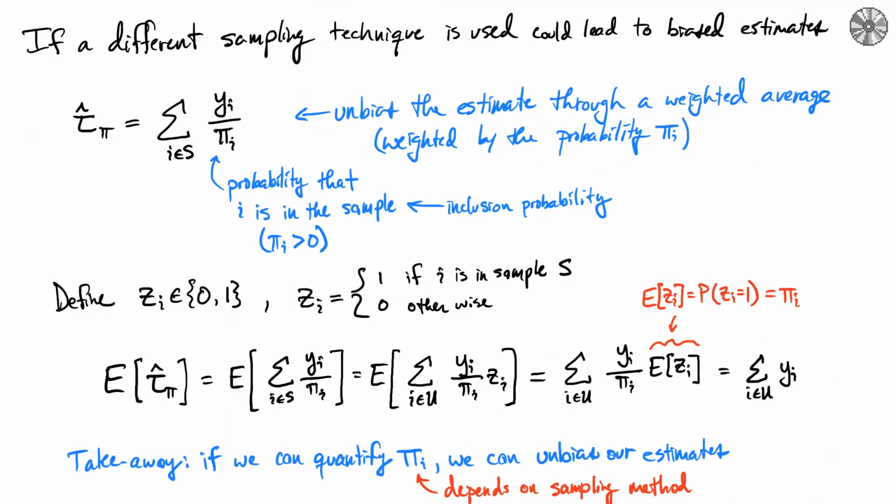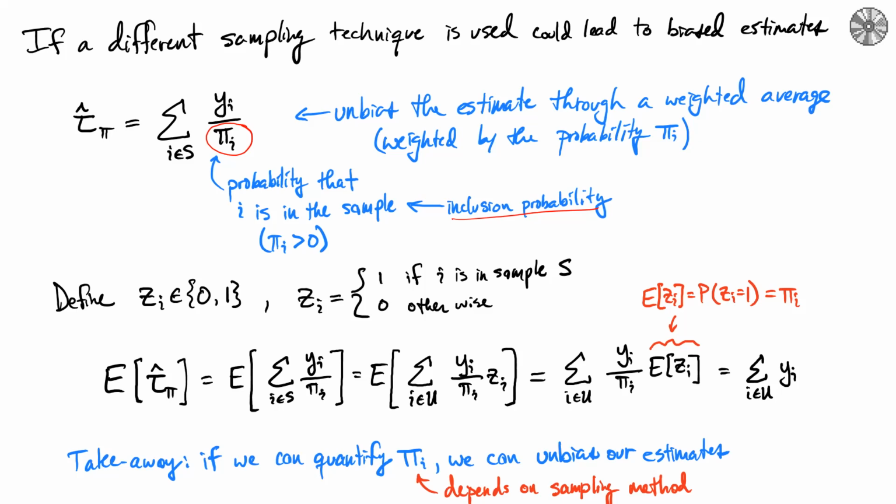Okay, so now that we have this terminology for populations and samples, one way of essentially unbiasing the estimate, if the estimate is actually biased, is to divide by this probability pi i, and it is called the inclusion probability.